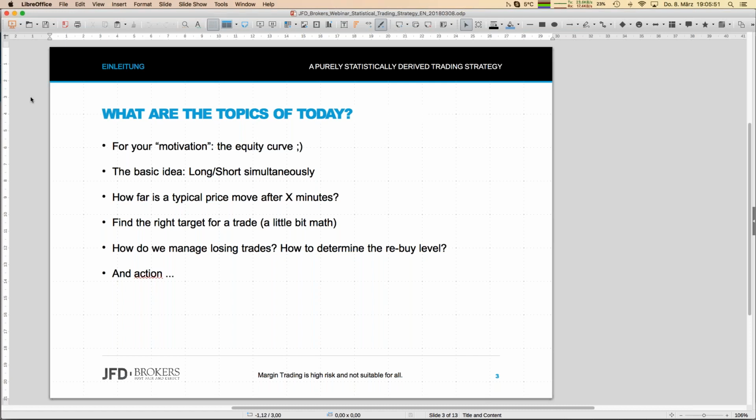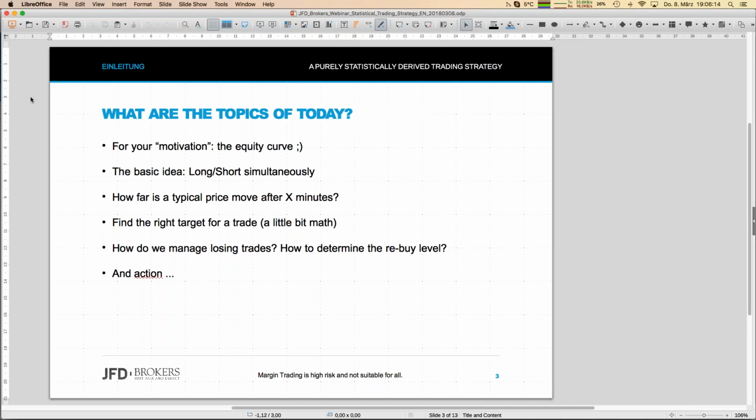And the basic question behind, which should be answered first, is, what is a typical price move of a specific underlying after some X minutes? So how far can a price move from now in 5 minutes, 10 minutes, 1 hour, 1 day, typically?